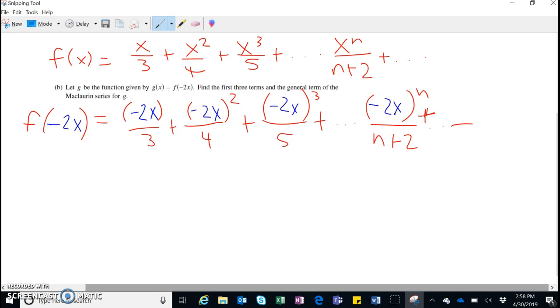That's what I would recommend doing. Some of you are stubborn and you might want to simplify this. You would get -2x over 3 plus 4x squared over 4 minus 8x cubed over 5 plus dot dot dot that -2x to the n over n plus 2.